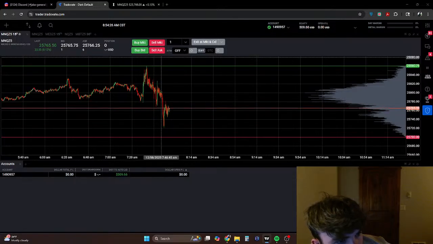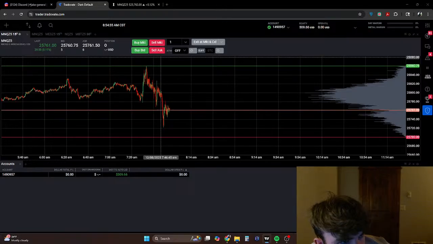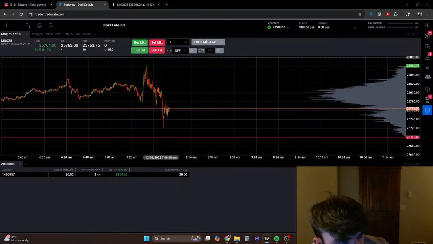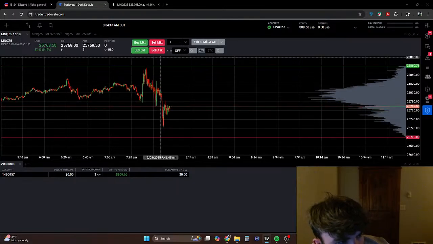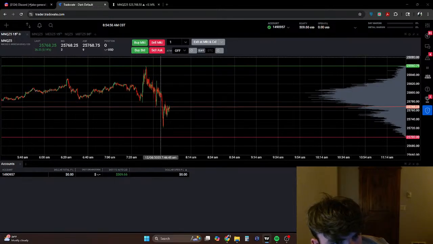Now we have this 1 hour gap here. Below all the true opens. Still bullish.